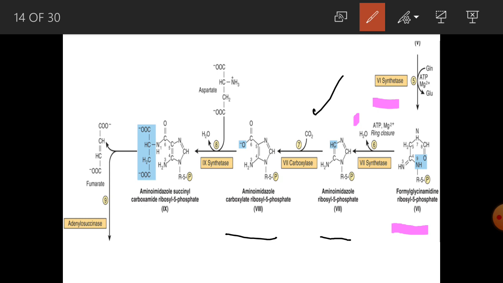Now, in the presence of synthetase enzyme, aspartate will get attached and water will be removed to form aminoimidazole succinyl carboxamide ribosyl 5-phosphate. In short, it is also termed SAICAR. So, the previous one was CAIR, this is SAICAR.